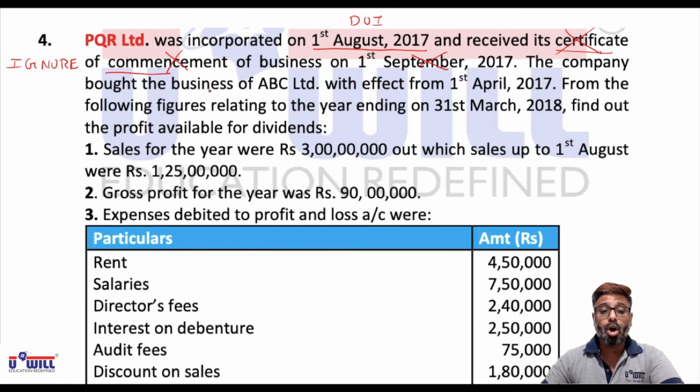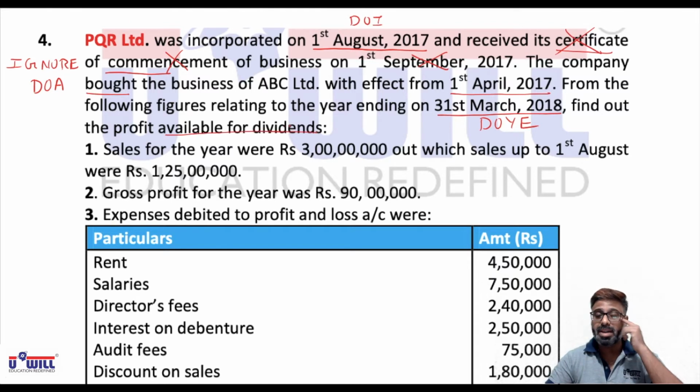The company bought the business of ABC Limited with effect from 1st April 2017, that is the date of acquisition. From the following figures relating to the year ending on 31st March 2018, that is the date of year ending, find out the profit available for dividends. Now which profits are available for dividends?